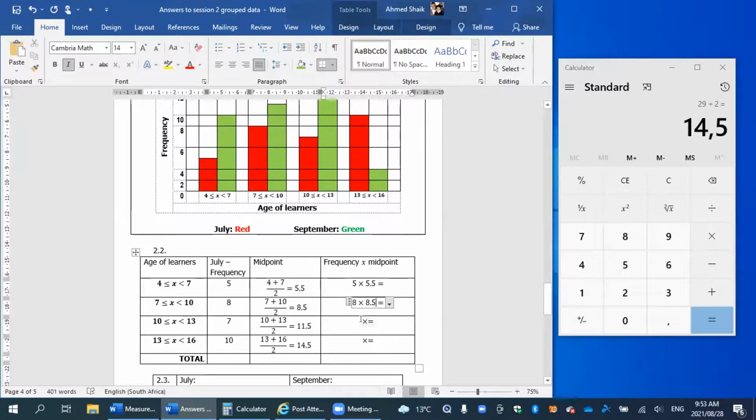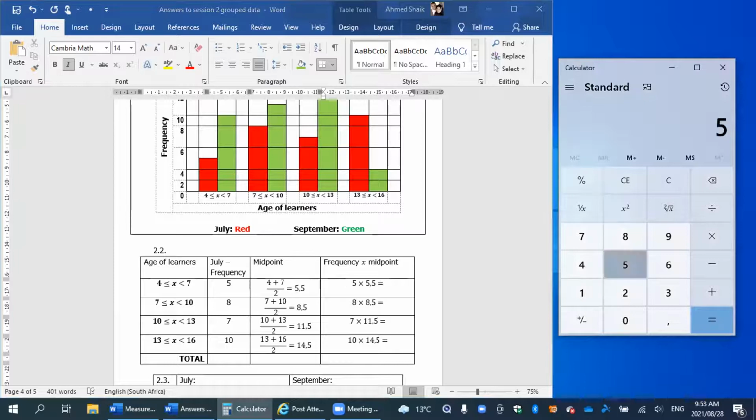Our third interval, we had a frequency of 7, and we had a midpoint of 11,5. And the last interval, we had a frequency of 10 and a midpoint of 14,5. Okay, let's calculate our answers.